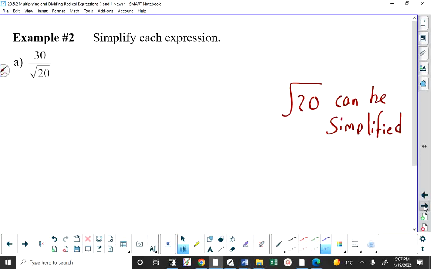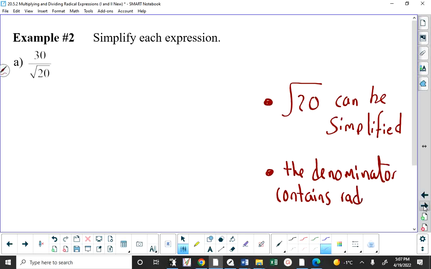The other problem is the denominator contains radicals. In other words, the denominator is not rational. So we have to simplify root 20 and we have to rationalize the denominator.